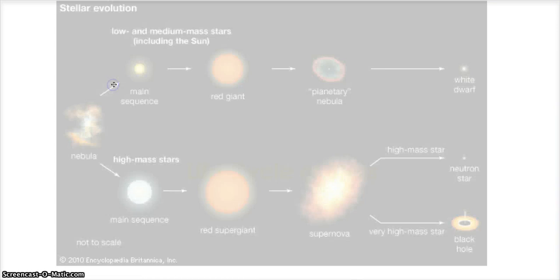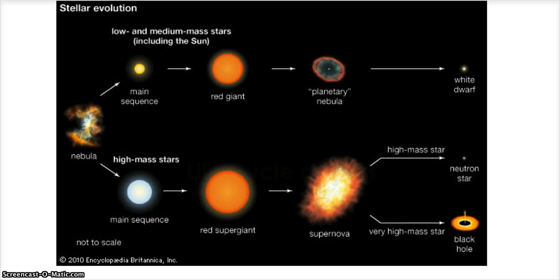Okay, now just to pull it all together, I have a really great graphic for us here. What you see here is a stellar evolution chart. It basically just maps out the different steps of different kinds of stars. And you'll notice that all stars pretty much start from a nebula, which we knew from the cloud of gas and dust that collect.